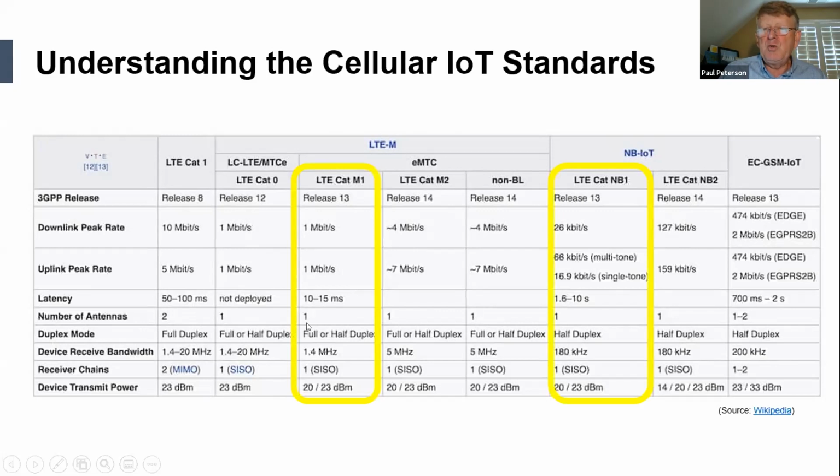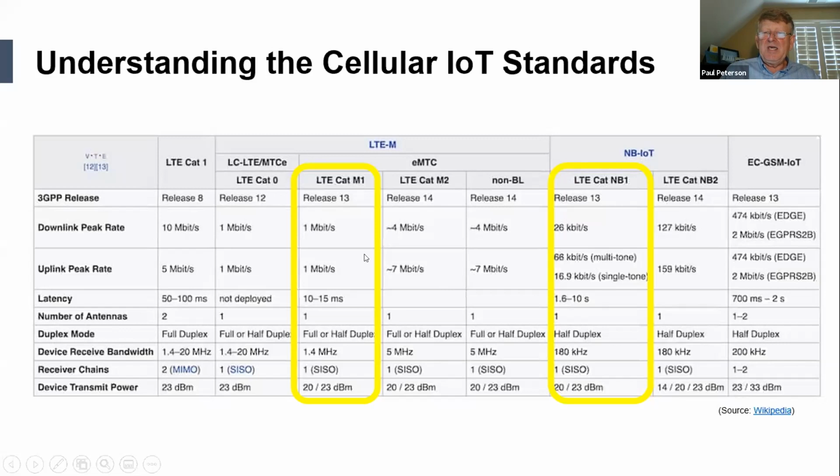We do have Cat 0 implementations, but I want to focus really on two that have been out for, let's say, maybe 2 years now, and we're beginning to see the silicon providers make the chipsets available to implement LTE Cat M and NB-IoT. In this case we call it NB1, which is part of the NB-IoT spec.